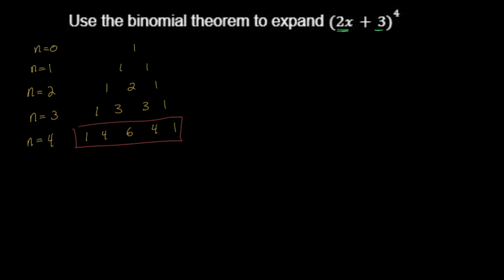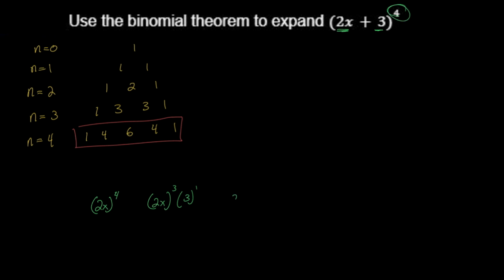So we're going to start off with 2x in parentheses to the 4th. Then the next term will have 2x in parentheses to the 3rd times our second term in the binomial, 3 to the 1st power. And it's going to transition into 3 to the 4th by the end, with the exponents always adding up to be the exponent on the outside of the parentheses.